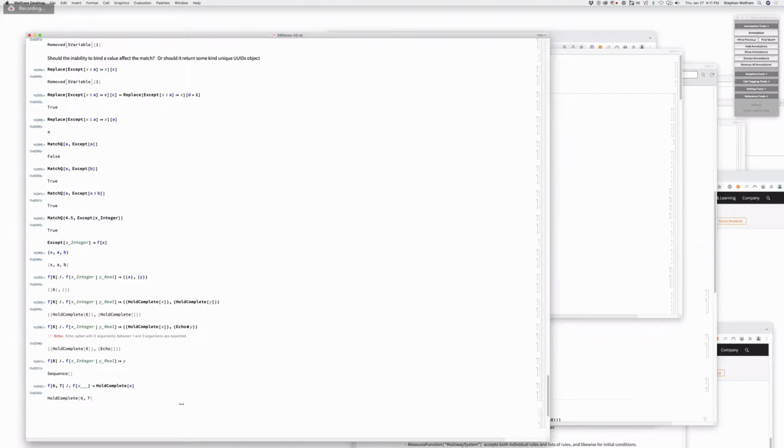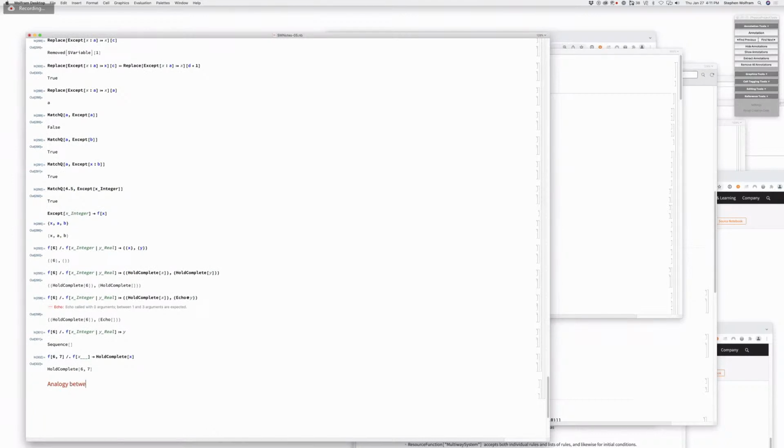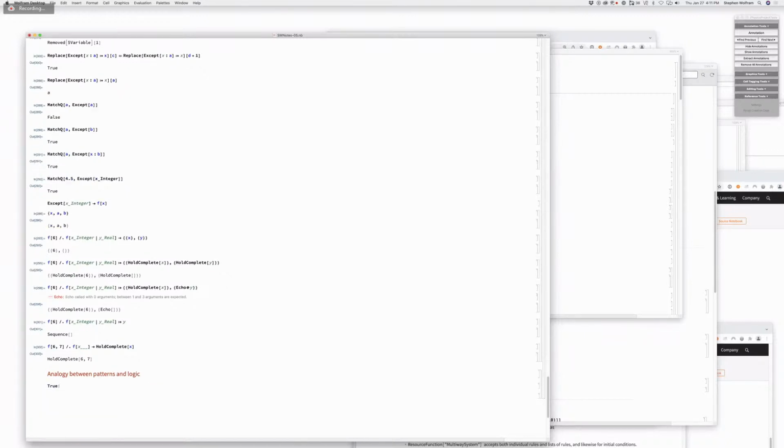I think things can match Sequence, like Sequence pattern open close can match Sequence, can't it? Or even, for example, triple underscore. If you have Alternatives and Sequence, it's the same as Except blank. Empty Alternatives is like Except blank.